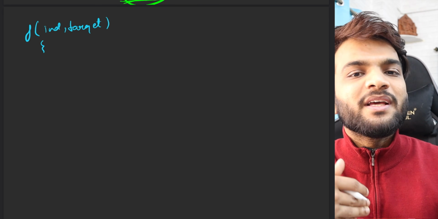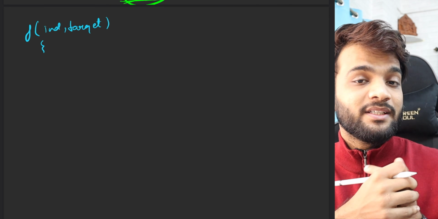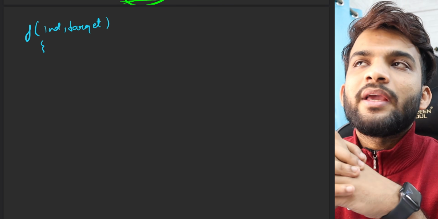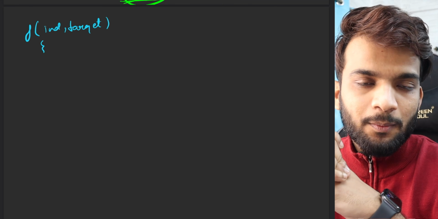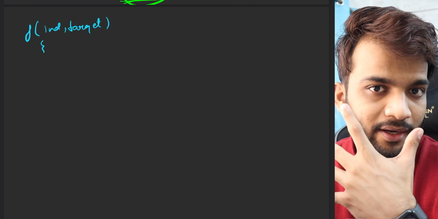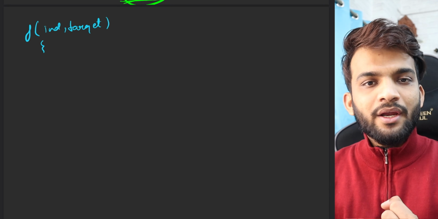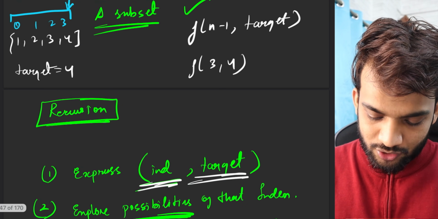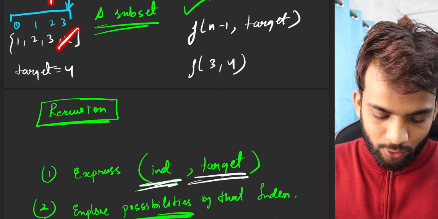Whenever we express the recurrence, we have to think about the base cases. What can the base cases be? It might happen that we have achieved the target, because you might be at a state where the target is no more. Initially the target was 4, and just imagine you took this 4 and came to this index.